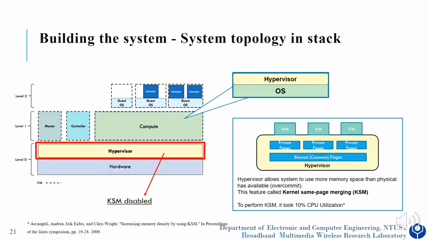So we only have 3 VMs, and we don't need to create another one, because we use OpenStack, where all of the VMs that matter lie in level 2. So the KSM that enables a high density environment is still enabled in level 1, but we disable it in level 0 to save some CPU utilization.